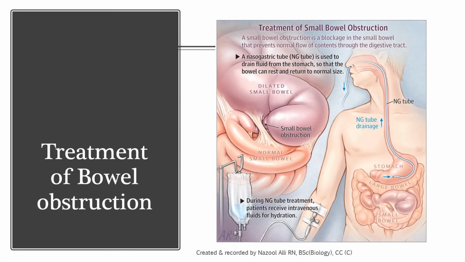Here again, this was taken from the JAMA Network, and it shows that when someone has a small bowel obstruction, it's normal to insert an NG tube, mostly to remove the fluid from the stomach or GI tract so that we're decompressing the bowel and helping to reduce the dilatation happening in the small bowel.